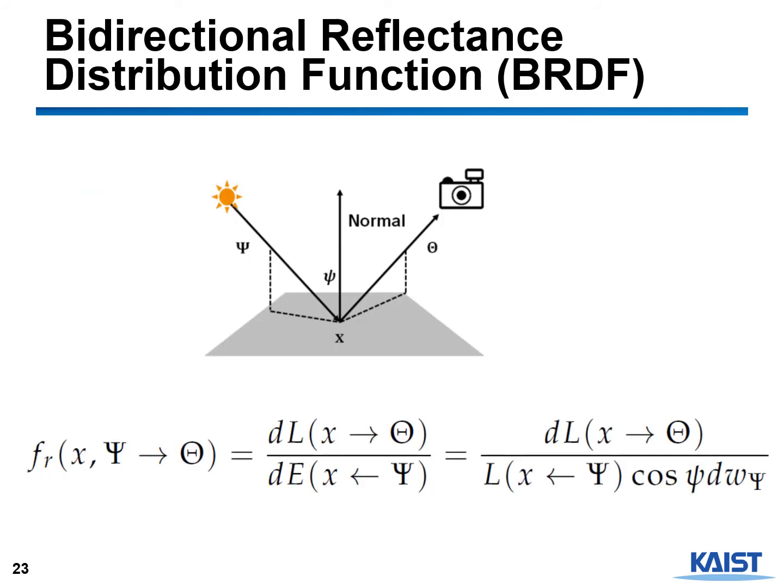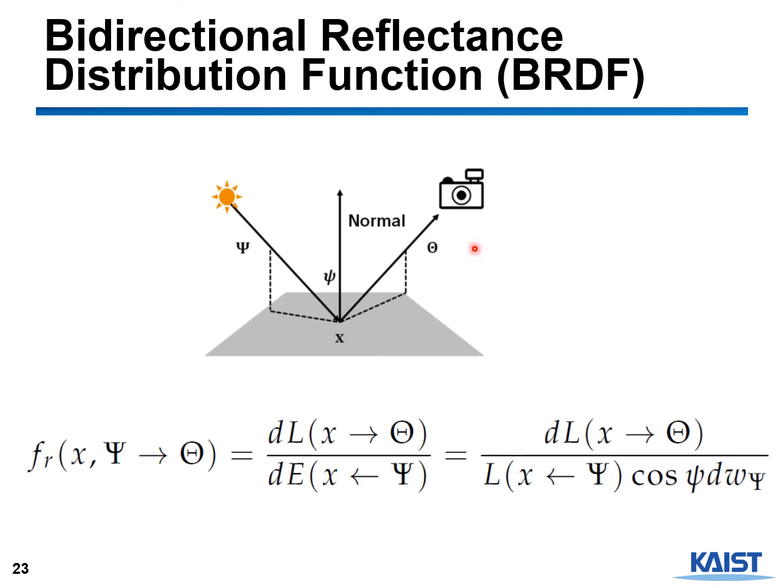To support this kind of glossy material, we typically use the BRDF, the bidirectional reflectance distribution function. Suppose there is light, and we are receiving certain energy from that direction, psi, at this point x. This material might then reflect the energy to that direction, which is the outgoing angle theta.